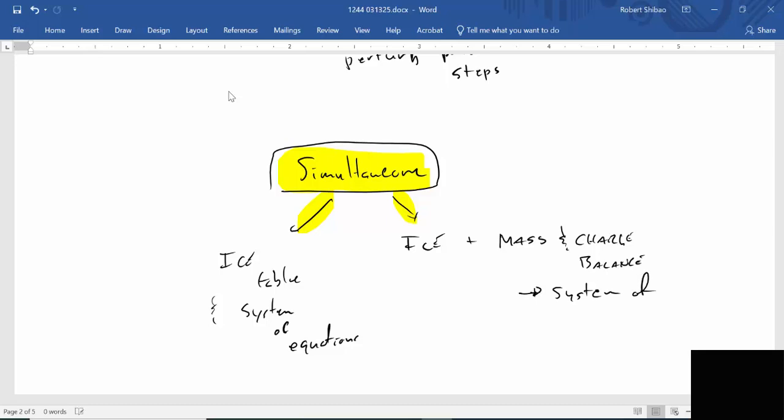Or this leads to a system of equations. In other words, we can generate some equations based on the ICE table, but we can generate even more equations by using a concept of mass balance.